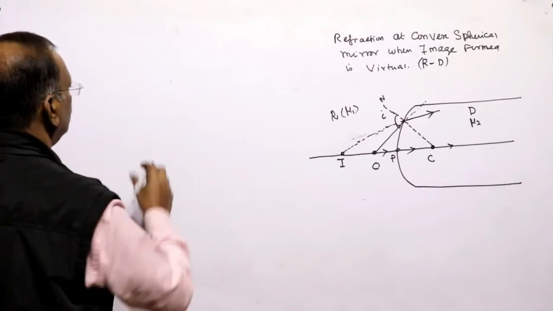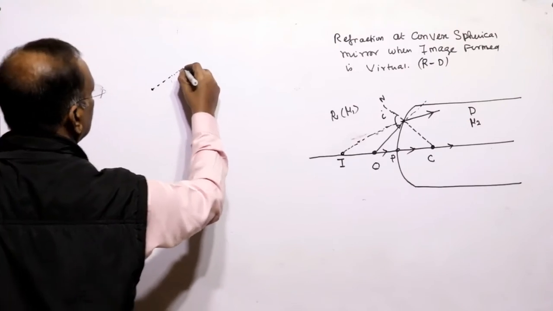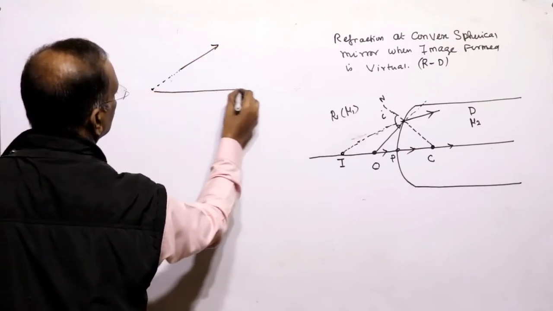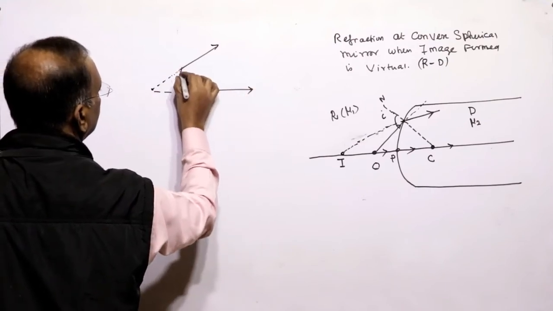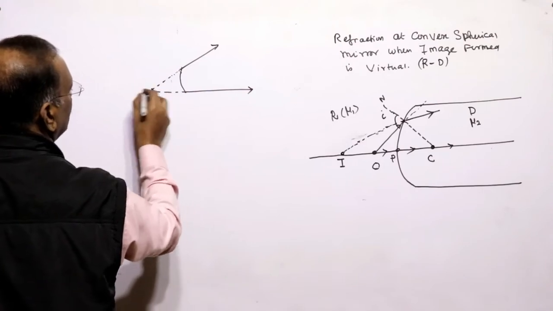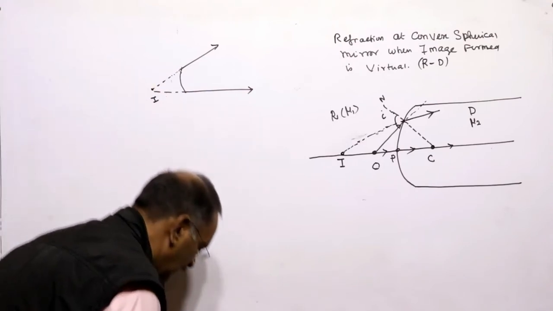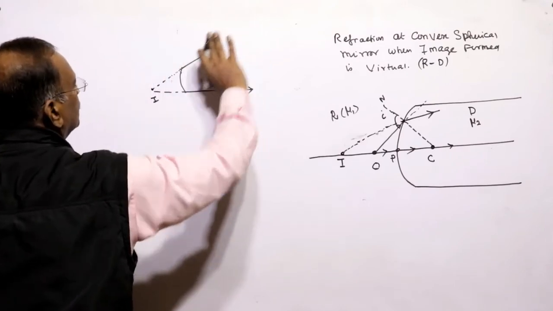It means the ray is here like this, then it goes like this, another ray goes like this. So we have to produce it backward at this point. The image seems to diverge from a point.